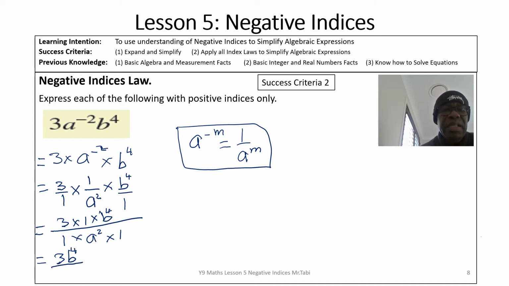And we're dividing this by 1 times a squared times 1, that is simply a squared. So that is my answer, 3b to the power 4 over a squared. So this simplifies to 3b to the power of 4 all over a squared. That's what that is equal to.